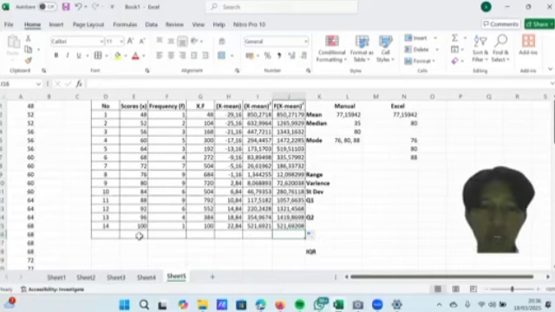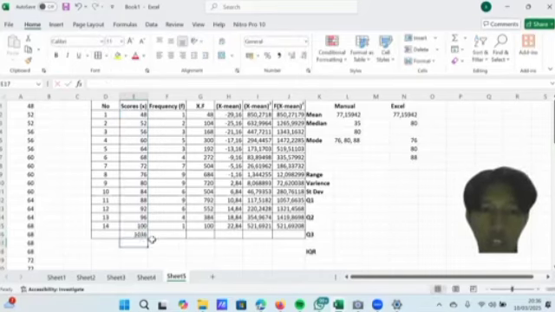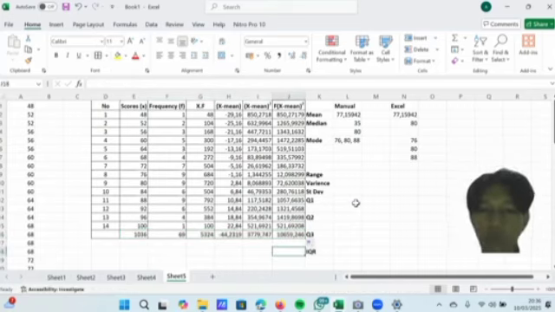Okay, after that, we're going to summarize all the data here, and then enter and drag it down to this column.